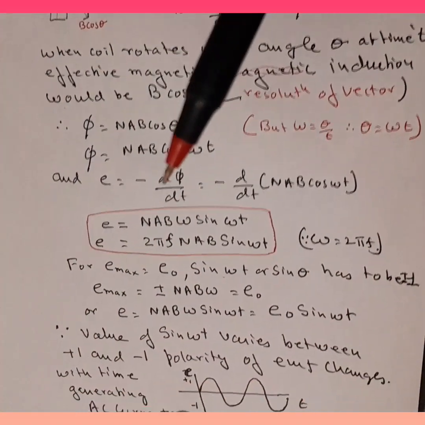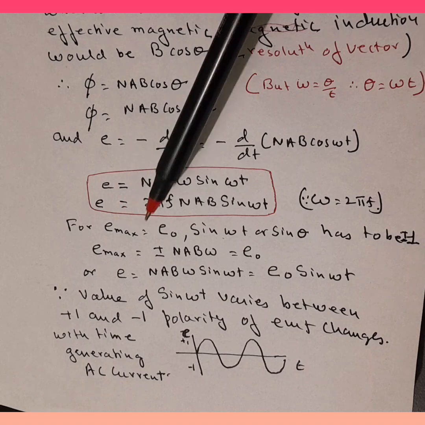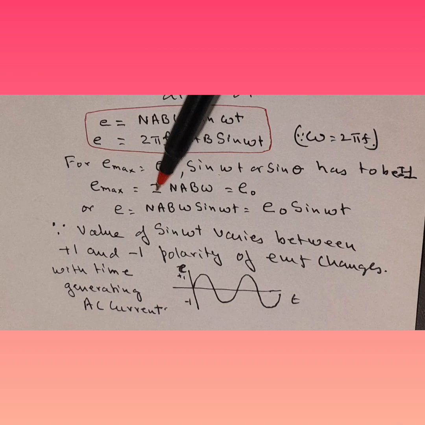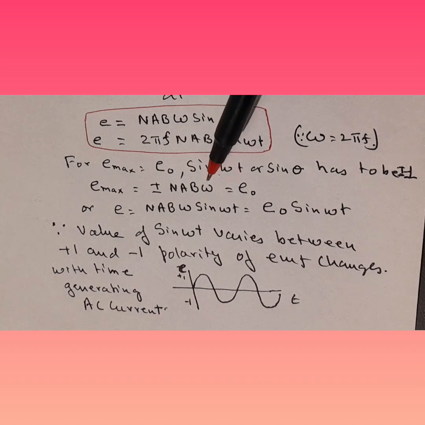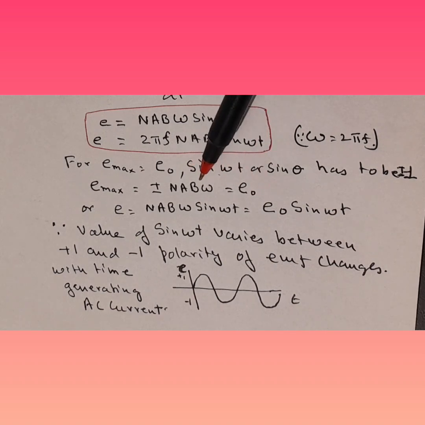Now to get the E max value, sin omega t can have a maximum value of plus or minus 1. So when it is plus or minus 1, E would be equal to plus or minus NAB omega. We represent that as E0. Whenever we say E0 subscript, that means its maximum value.